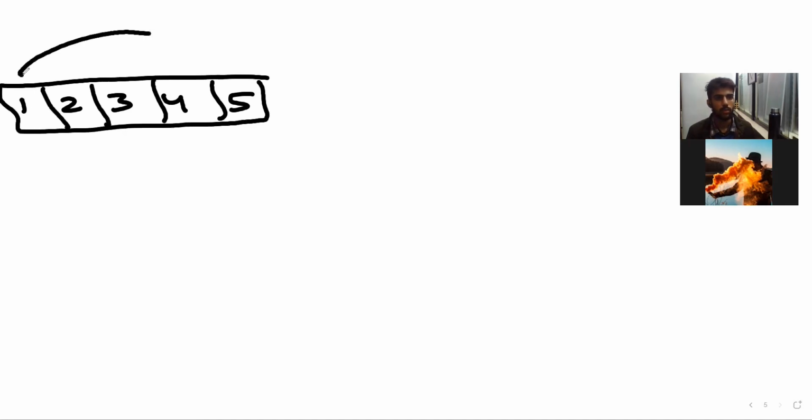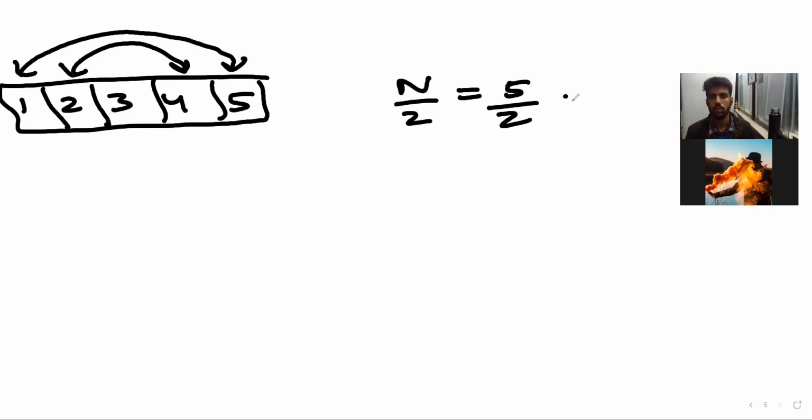In this case, first would get swapped with 5, second with this, and you can run it till here, because there are 5 elements, so n by 2 is equal to 5 by 2, which would give you 2. So you would run your loop until i less than 2. So this would be 0 and 1. So here your loop would stop.